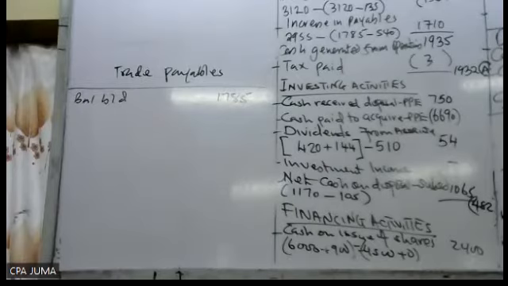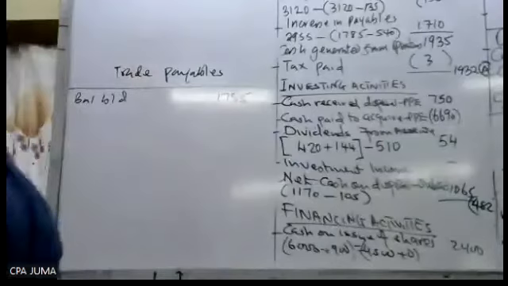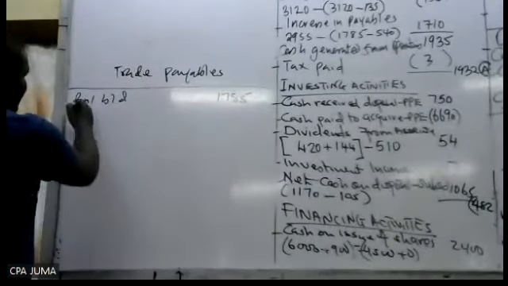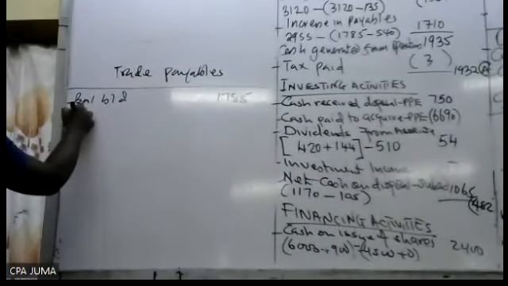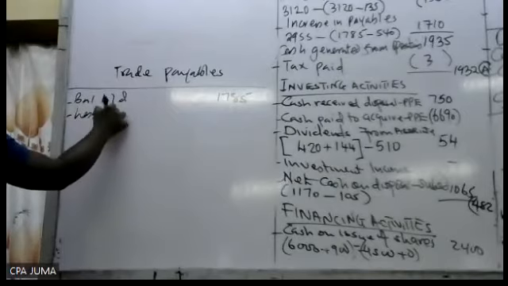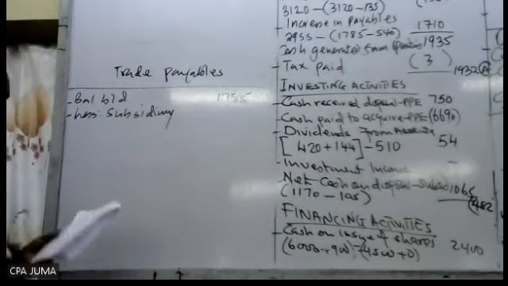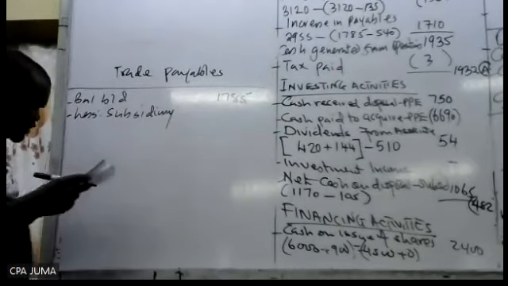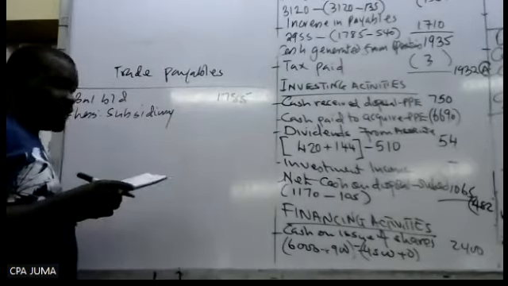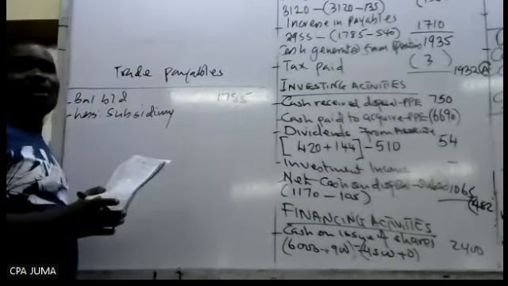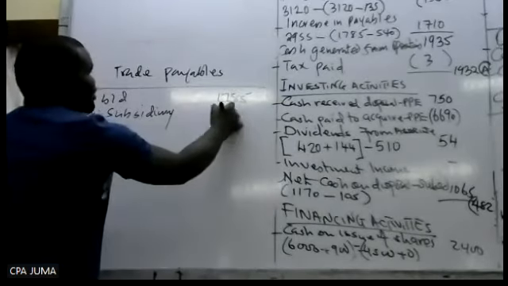So the balance brought down was that. Then the subsidiary left us. The subsidiary went with payables of 540.